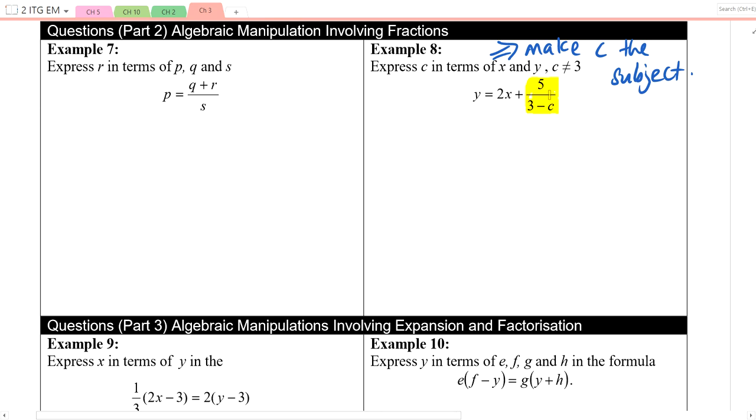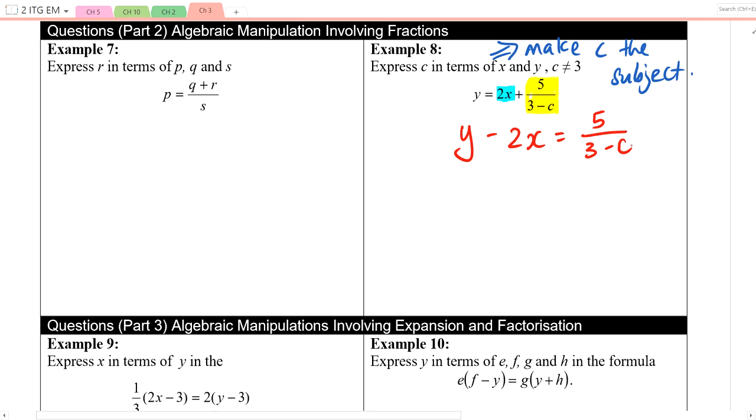I want to make it stay by itself. So everything else I try to remove. So in this case I will want to remove 2x by subtracting 2x on both sides. This gives me y minus 2x equals 5 over 3 minus c.